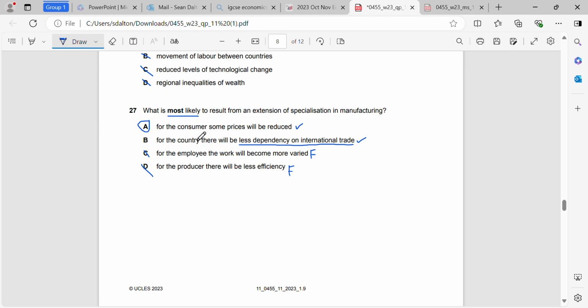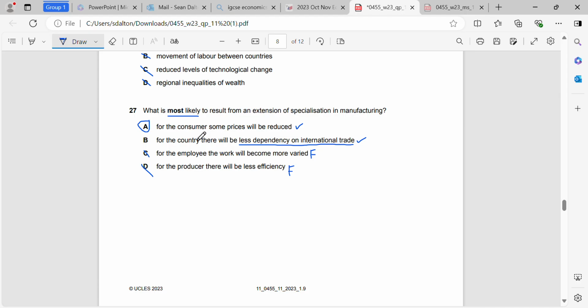However, it is also possible that by making more goods and services in our own country, we still need to import because we might not have access to the raw materials that are needed to make certain goods or services. So we may still need to depend on international trade.